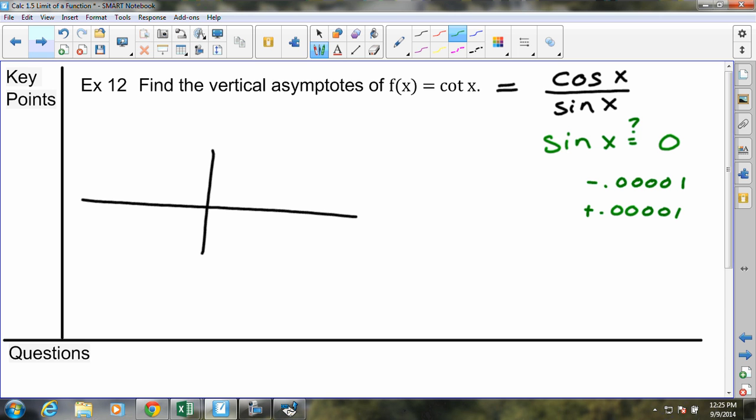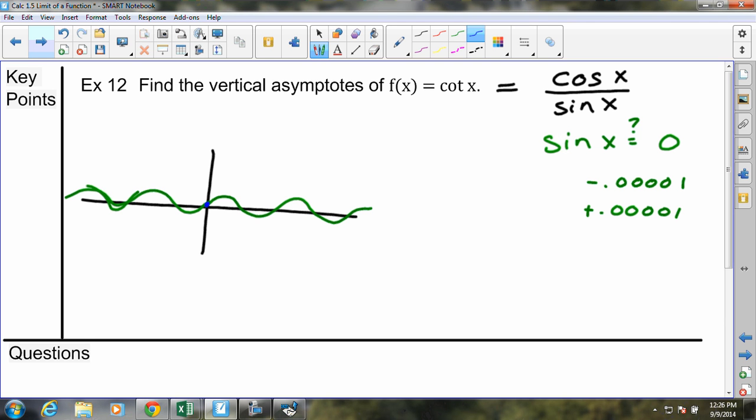So here is our graph of sine. At 0, we have the sine function has this, well, my drawing's kind of crappy, but we can tell the basic idea.